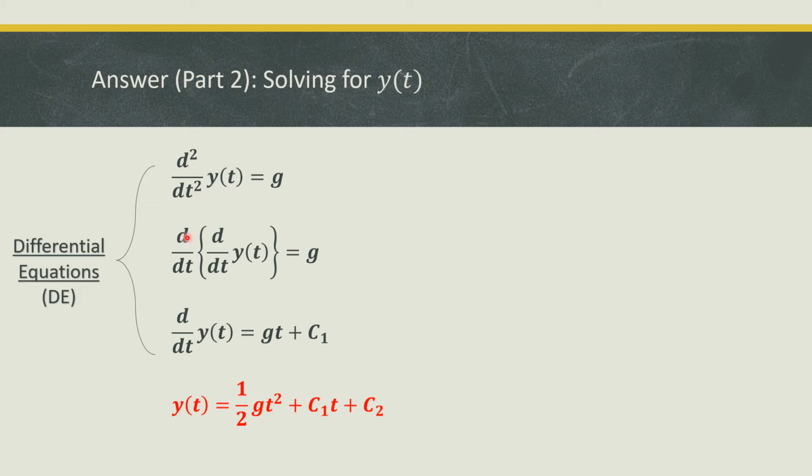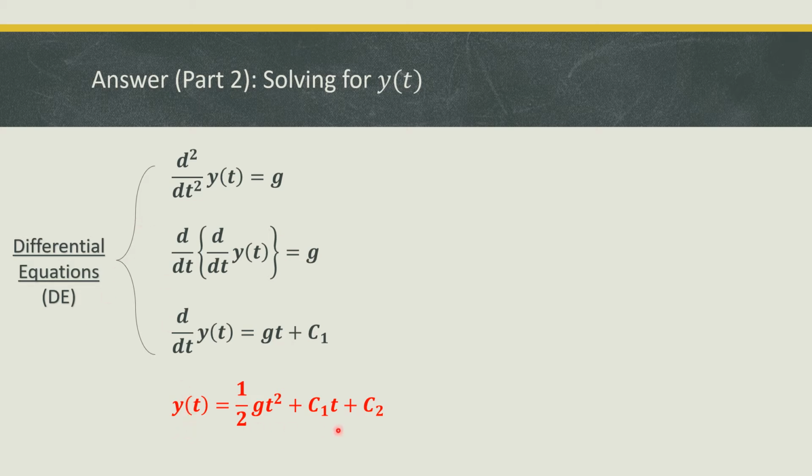And so these first three equations contain derivatives. Here it contains a second derivative, here two first derivatives, and here we have one derivative of first order. We call these equations with derivatives differential equations, or DEs.